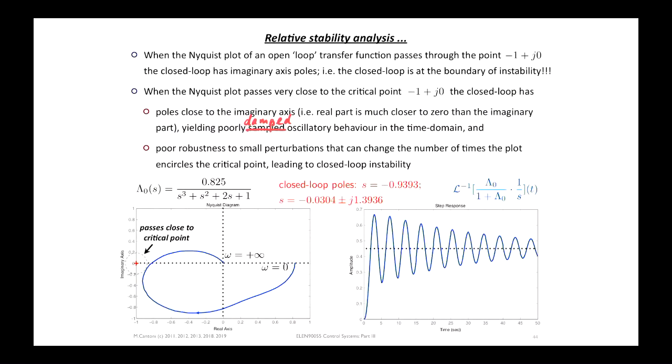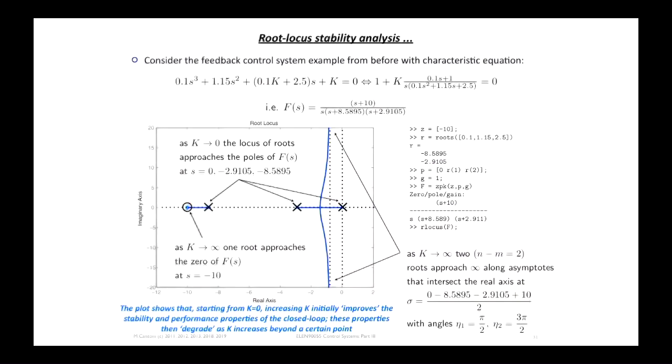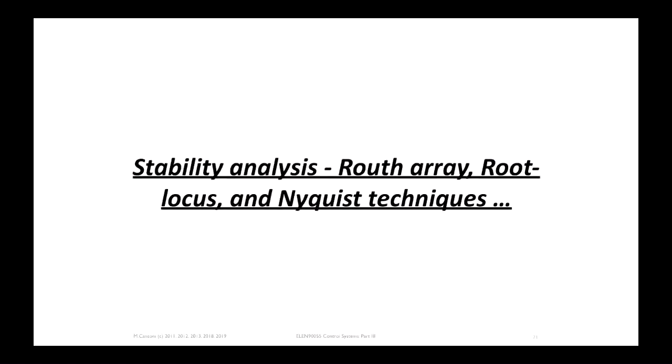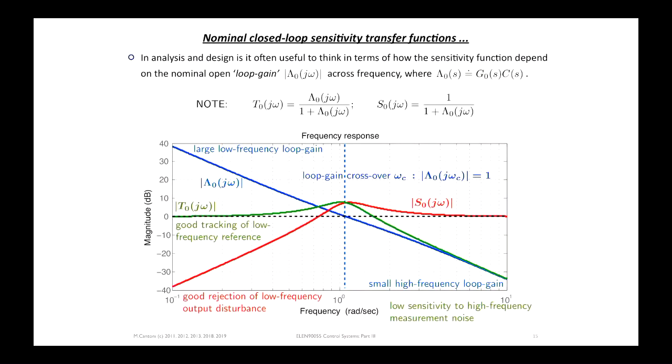The key thing is that we're thinking about the closed loop in terms of the open loop transfer function. And if you go right back to here, we started thinking about closed loop performance in terms of the open loop transfer function and how the shape of the open loop transfer function translates into a corresponding shape for the complementary sensitivity and output sensitivity functions.